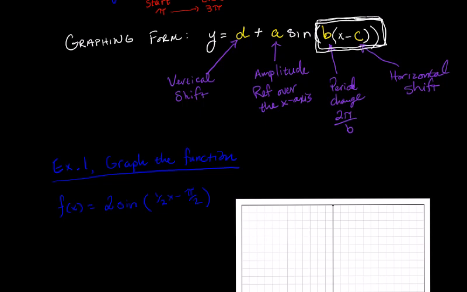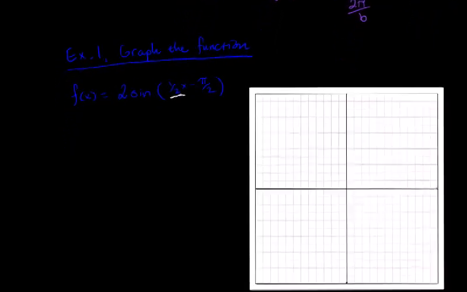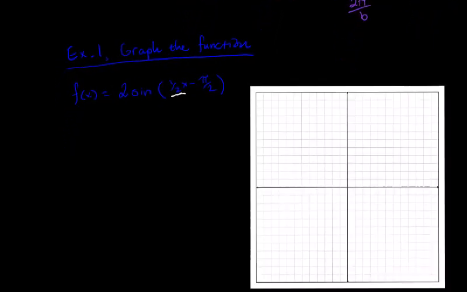And so if you take a look at this first example, notice that there's a 1/2 in front of the x. Well, we need to actually factor out the 1/2 before I can see the horizontal shift. So for this first example, the horizontal shift or the phase shift is not right pi halves.